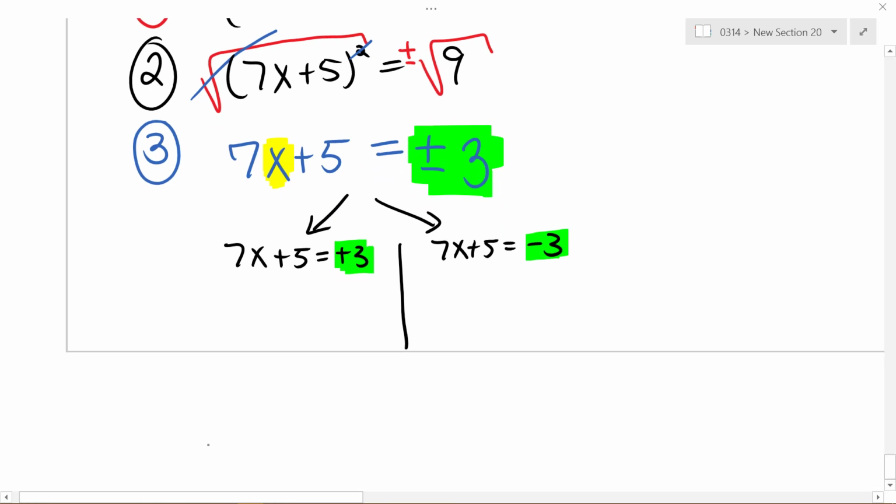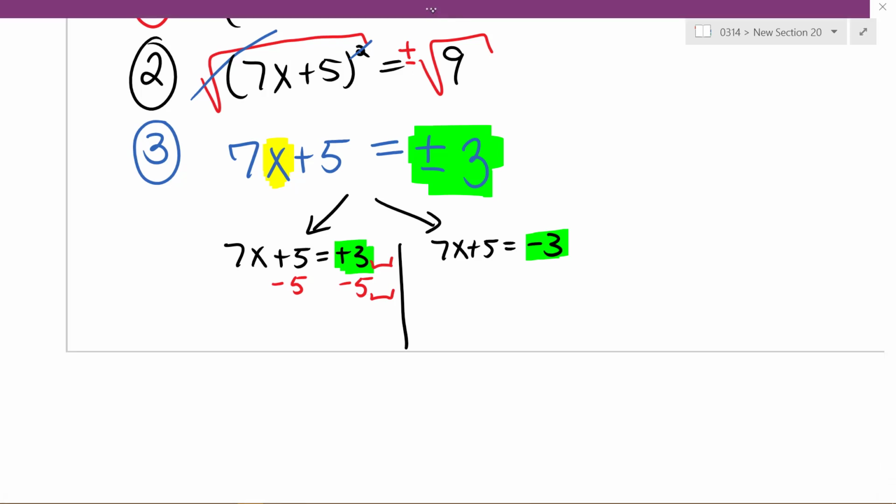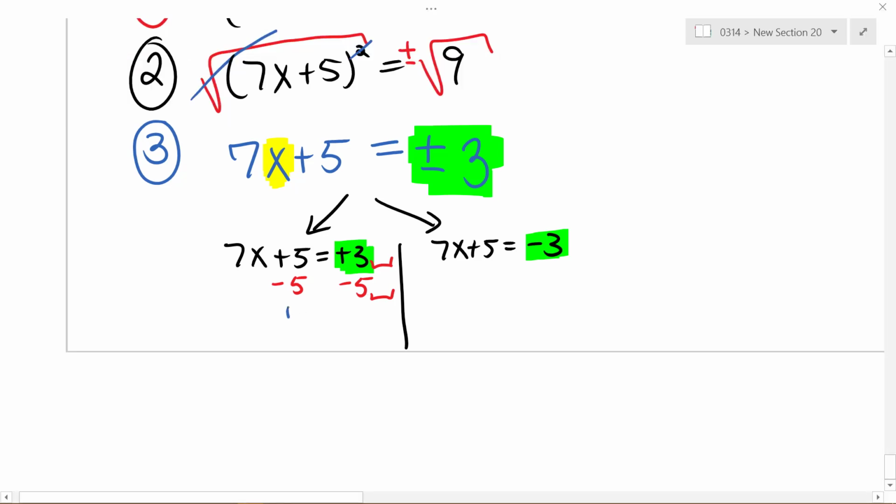Okay, so now we're going to solve for x. I'm going to subtract 5 from both sides. Now, are these like terms? Let's look past the 3 and let's look past the negative 5. There's nothing past the term at the top, so there's nothing past the 3. There's nothing past the negative 5 for the term at the bottom. So those are like terms. We can actually combine them.